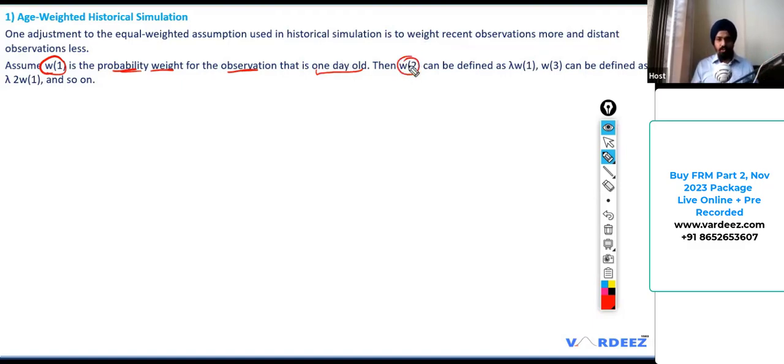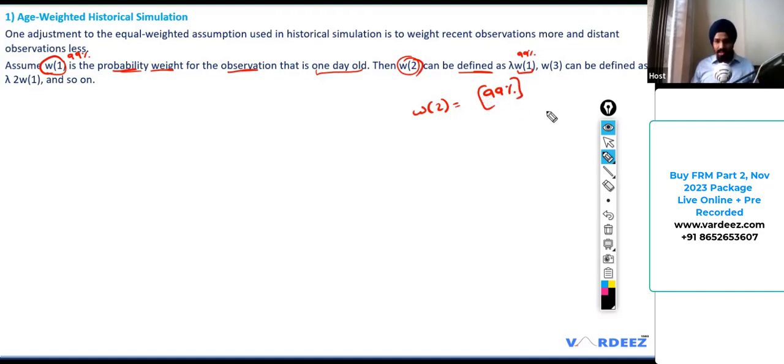Then W2 can be defined in terms of the W1 weight. So if W1 is, let's say, 99%, given to yesterday's data, then W2 will be defined as 99%, but we're not taking exactly 99.